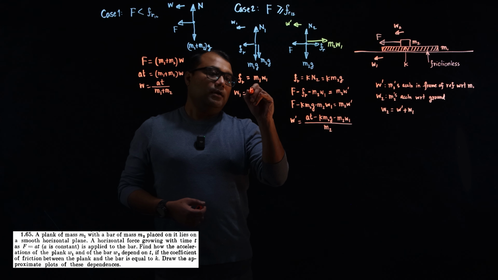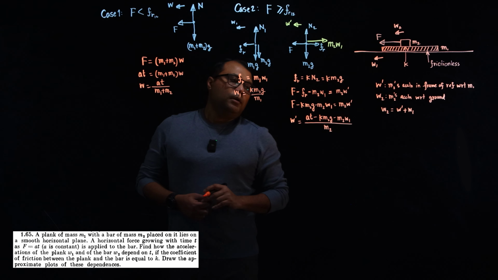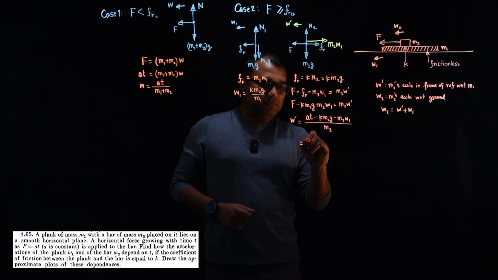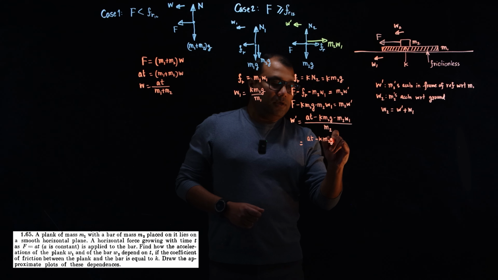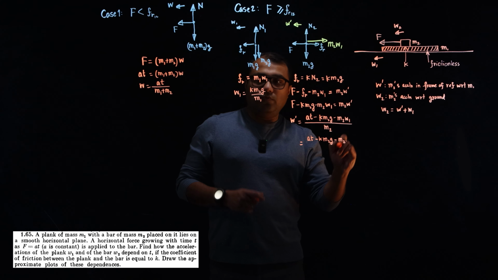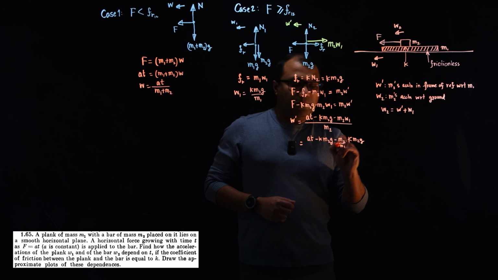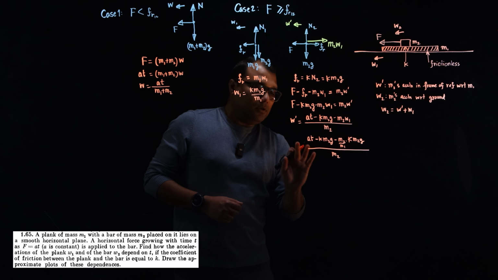Fr is K M2G by M1. Now we can replace this W1 here. So this becomes AT minus K M2G minus M2 times K M2G by M1, all divided by M2.